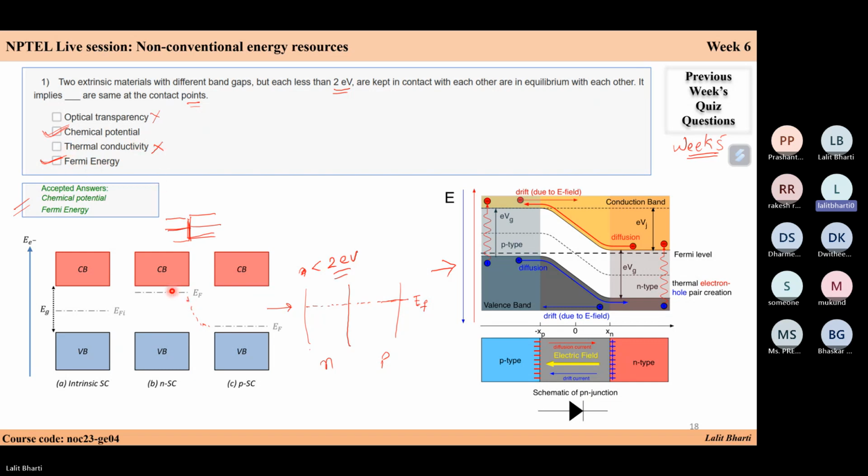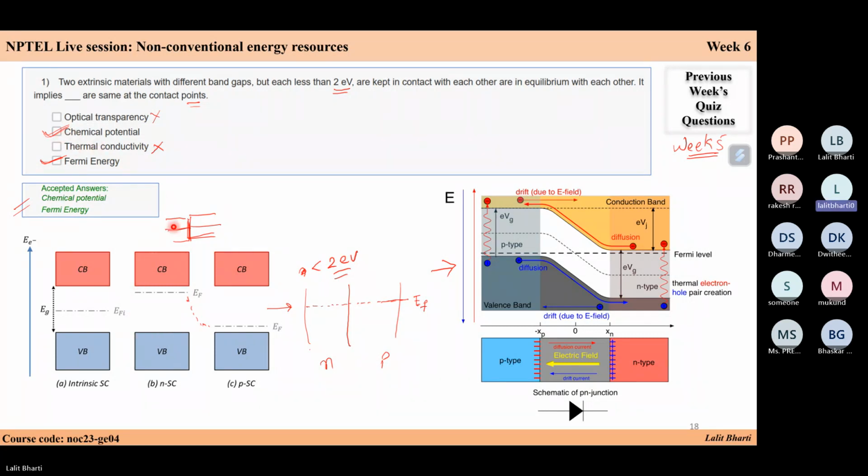So we know that if you put two semiconductors with different type of doping in contact, your Fermi energy levels will align. So at equilibrium with each other, what will be same? Your Fermi energy level will be the same. So that is correct. Thermal conductivity has no role in this, so it will not be the same. Optical transparency also does not have any role here because that depends on the respective band gaps.